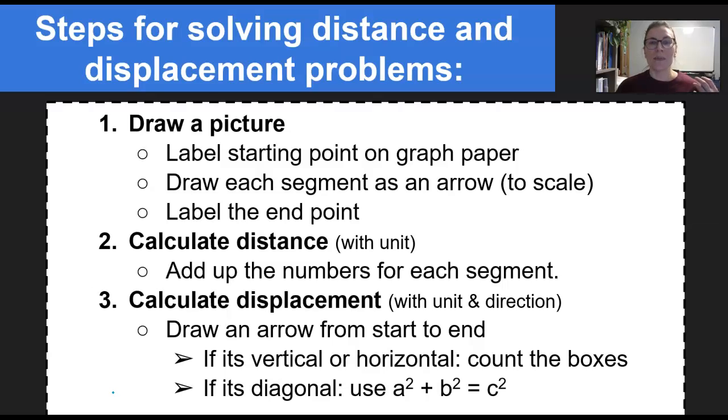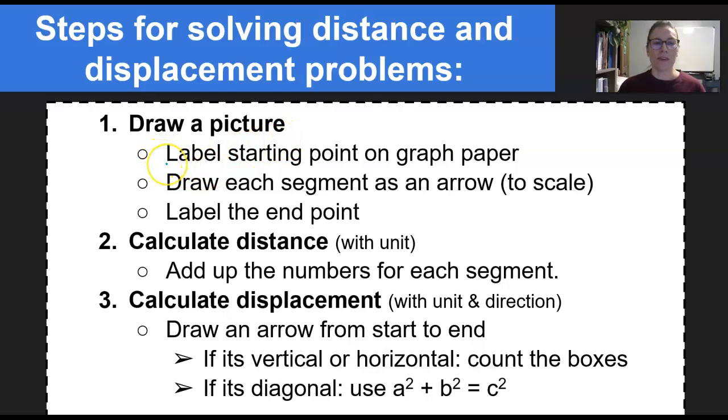All right, so we have some steps to solving distance and displacement problems, the type of problems that we're going to be solving in class. The first step is to draw a picture. You're usually going to get a word problem, and you're going to turn that word problem into a picture.